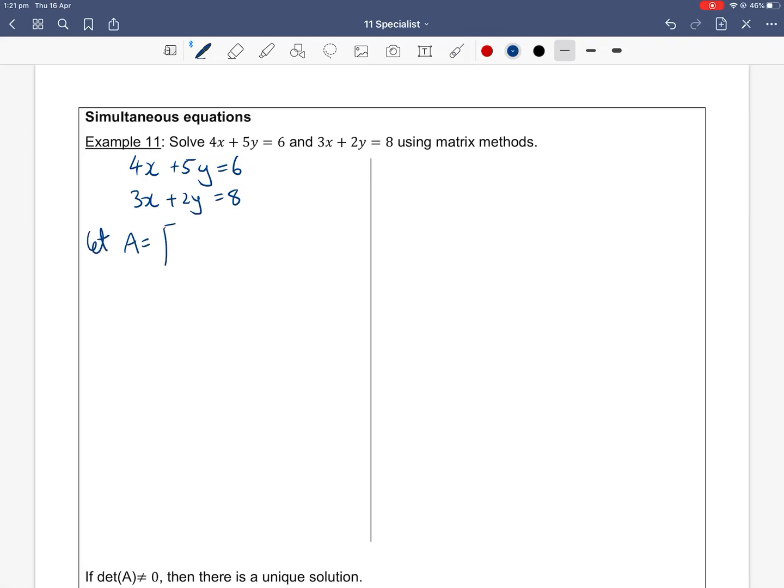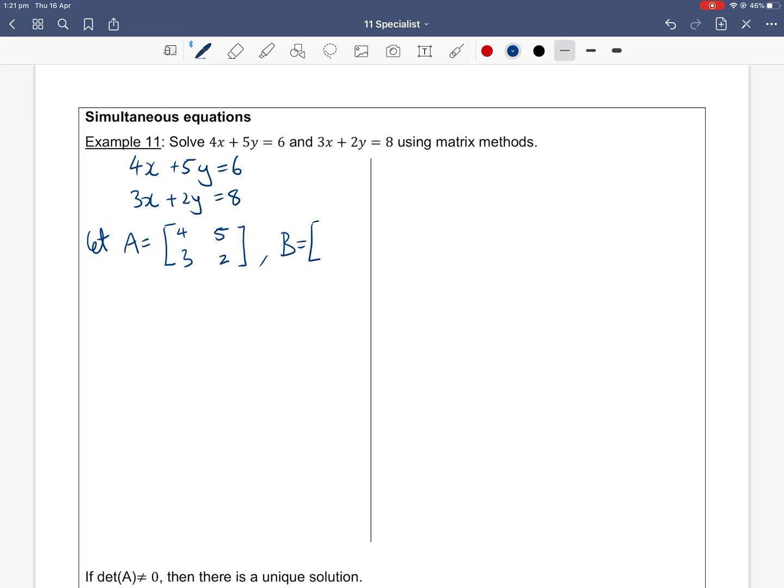So I'm going to turn these into matrices by letting my A matrix be the matrix of coefficients of my x and y's. You can see how this itself is a matrix, and then the 6 and the 8 is like a column matrix as well. So my A is going to be a 2 by 2 matrix because I've got 4 coefficients.